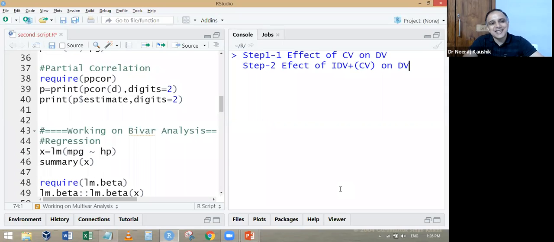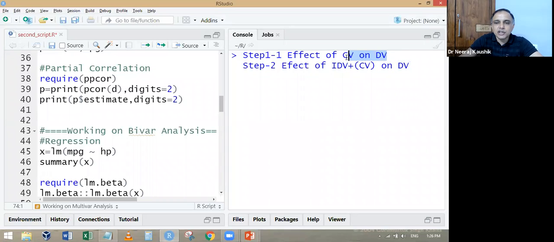Shall I give you a lighter example? I told you yesterday that I asked a student, who recently got married, how is the married life? She said, it's fantastic, my husband is very good till my mother-in-law comes. So just take the mother-in-law as the CV here, wife is the IDV, and husband is the DV.